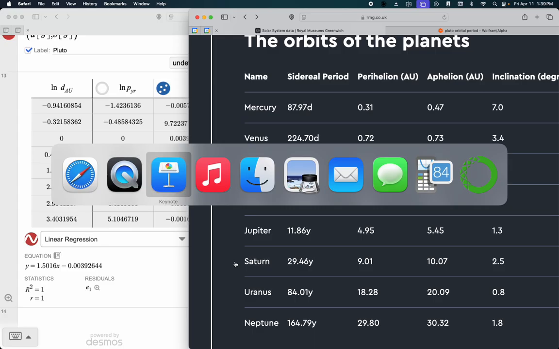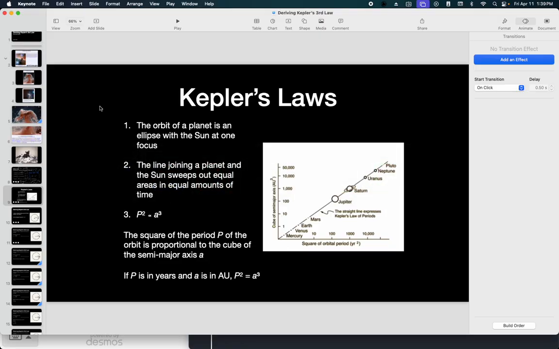Sorry, can you state that again? So what was Kepler's third law? The orbital period corresponds to the cube of the semi-major axis. So P squared is proportional.